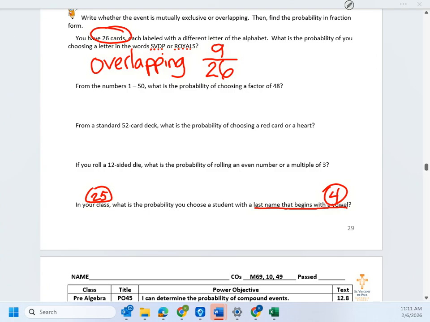When you finish, remember to put overlapping or mutually exclusive, and simplify your probability when you can. When you're finished, we have new Khan Academy assignments. So make sure you're getting Khan Academy done. If you have missing work from last week, that was due last night, get it done and let me know. Look at your past assignments and get them done. You can still get some of those points back.